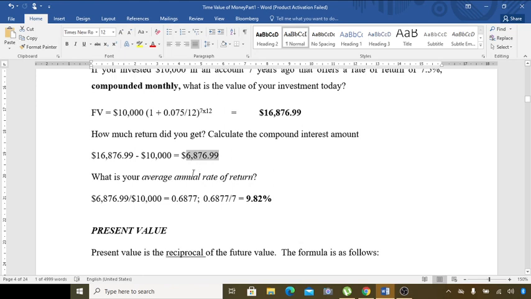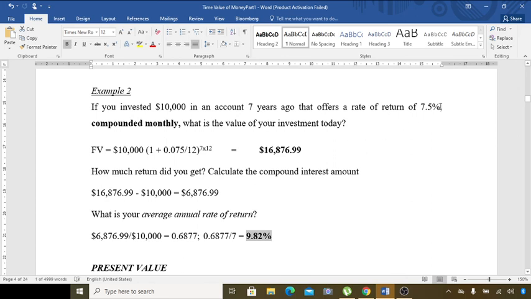If you divide it by your initial investment of 10,000, that gives you 0.6877, which is 68.77%. But remember, this is over the period of 7 years. So you have to divide by 7 to give you an annual rate of return of 9.82%. Compare this with the nominal or stated rate of return initially, which is 7.5%.